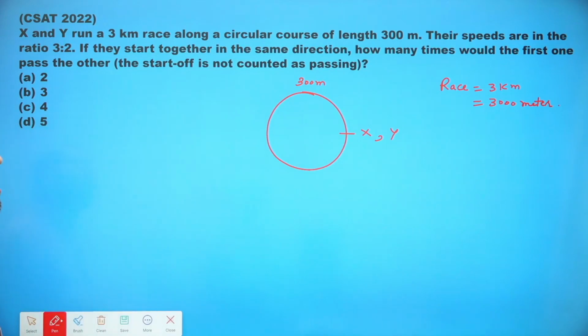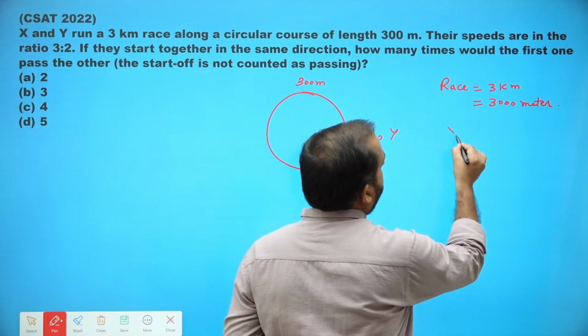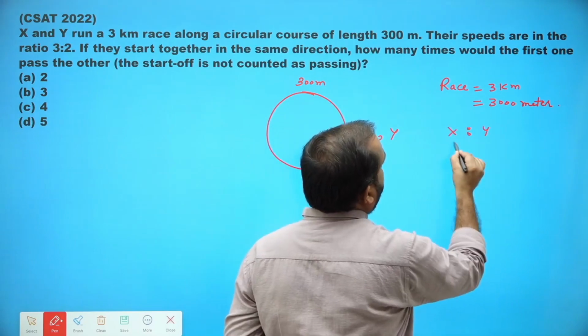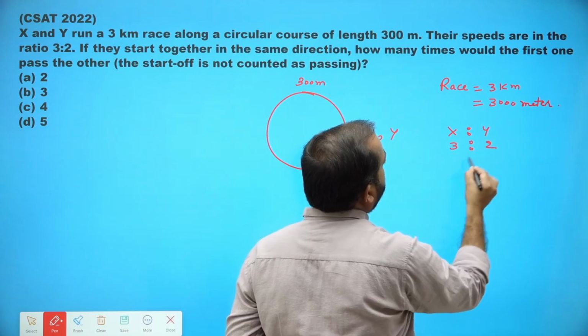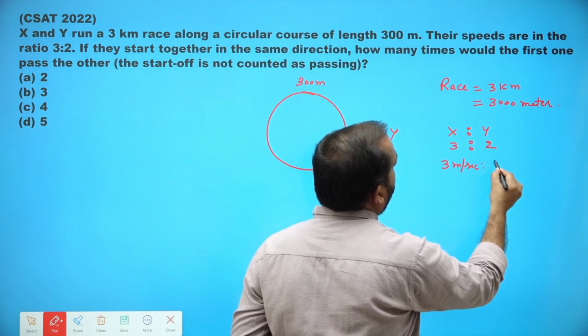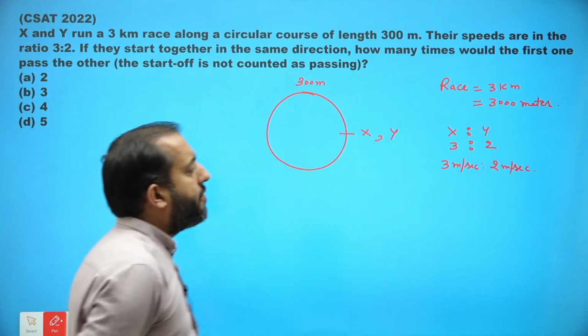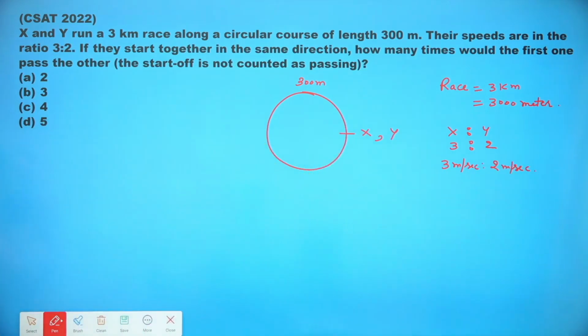Their speeds are in the ratio 3:2. So the speed of X to the speed of Y is 3:2. Let's say the speed of X is 3 meter per second and the speed of Y is 2 meter per second. We can assume this from the ratio.